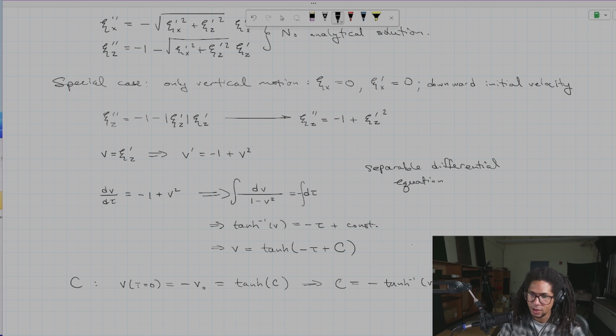All right. So, great. Now I need a trig identity to reduce my solution. I'm going to need that the hyperbolic tangent of x plus y is equal to the hyperbolic tangent of x plus the hyperbolic tangent of y over 1 plus the product of those hyperbolic tangents.